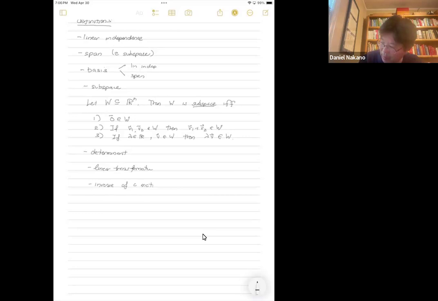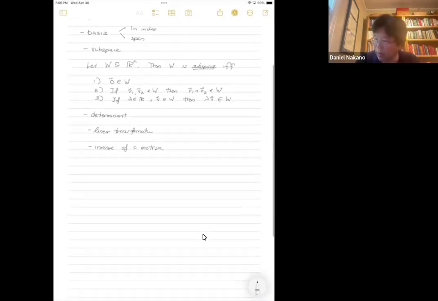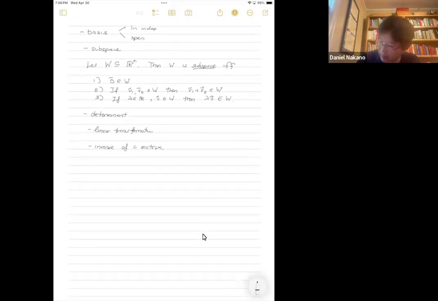And then these are from the earlier parts. You should know what the null space is. Okay, so the null space is just a set of homogeneous solutions. So it's a set of all vectors in Rn such that A times V is equal to the zero vector. Okay.